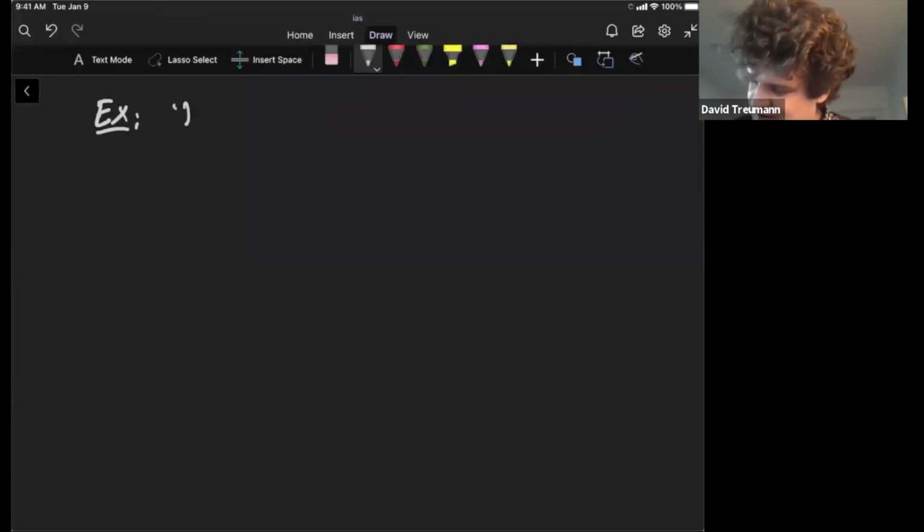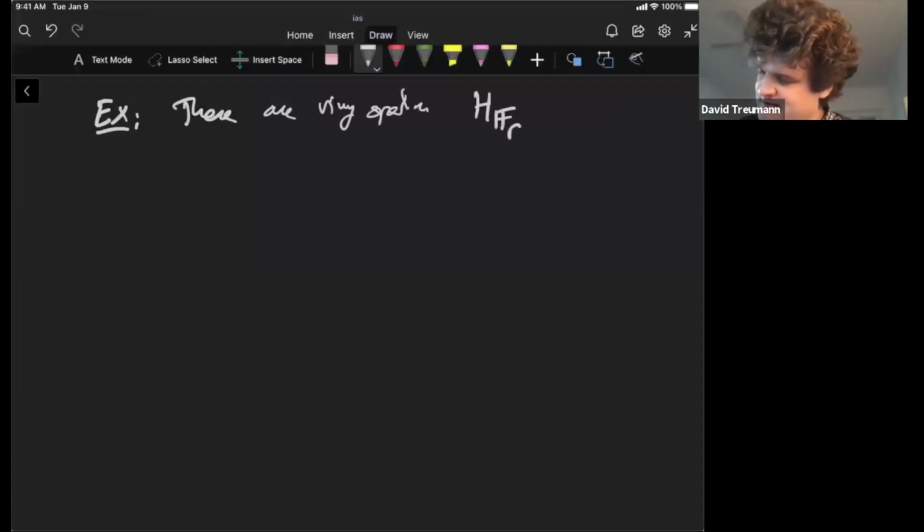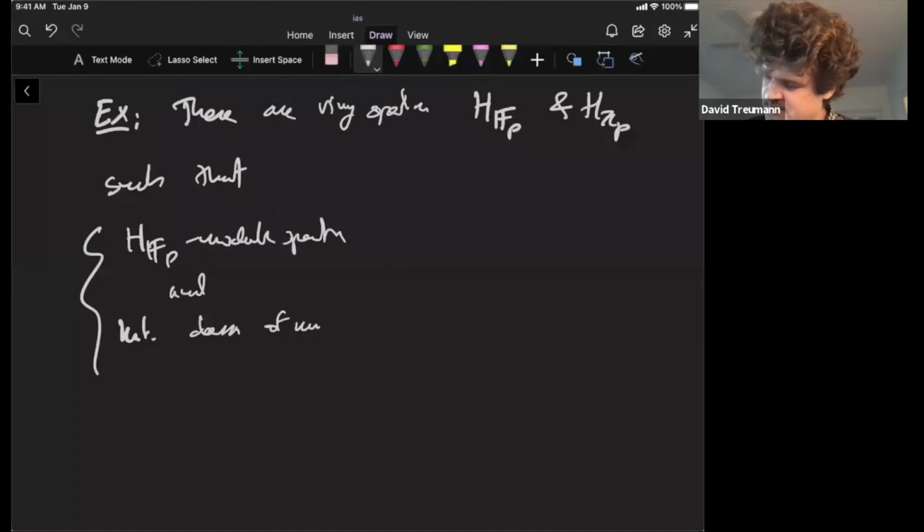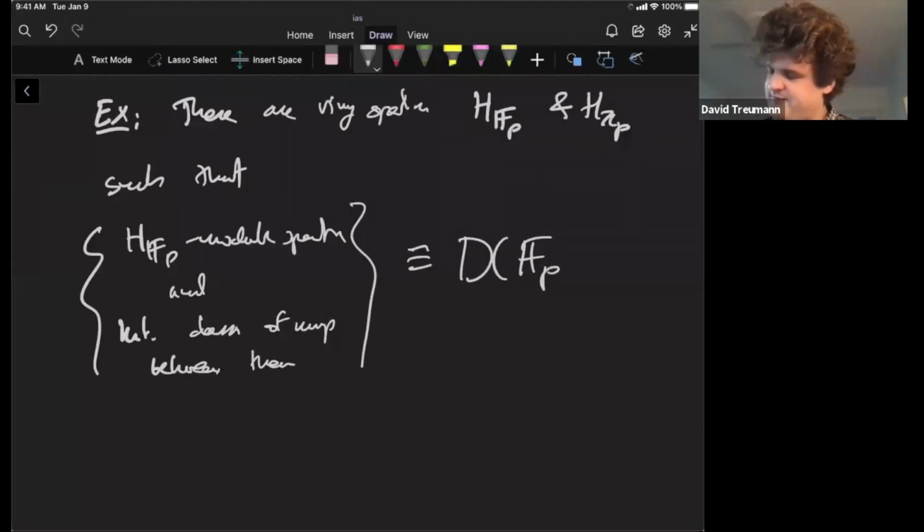There are ring spectra called HF_p, HZ_p, such that the category of HF_p module spectra and homotopy classes of maps between them is equivalent to the usual derived category of vector spaces over F_p.